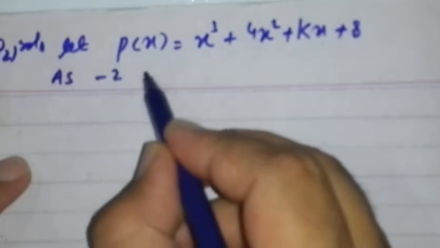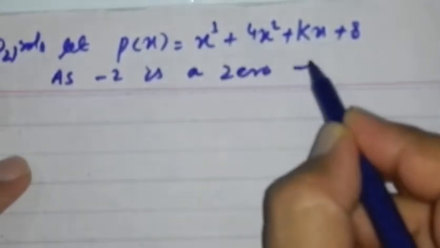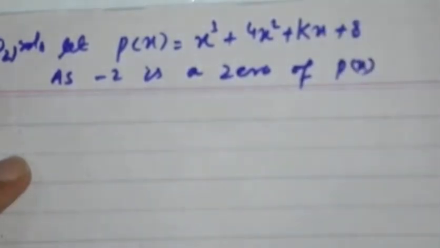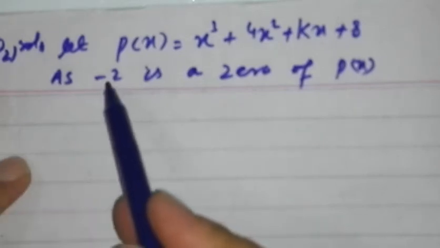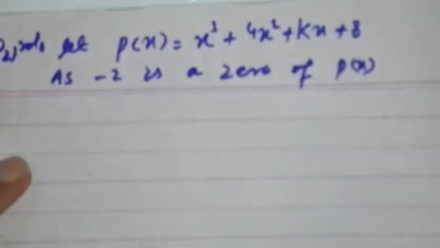Minus 2 is a zero of p of x. Zero of p of x means that when we put this minus 2 value in this, we will get the remainder 0.